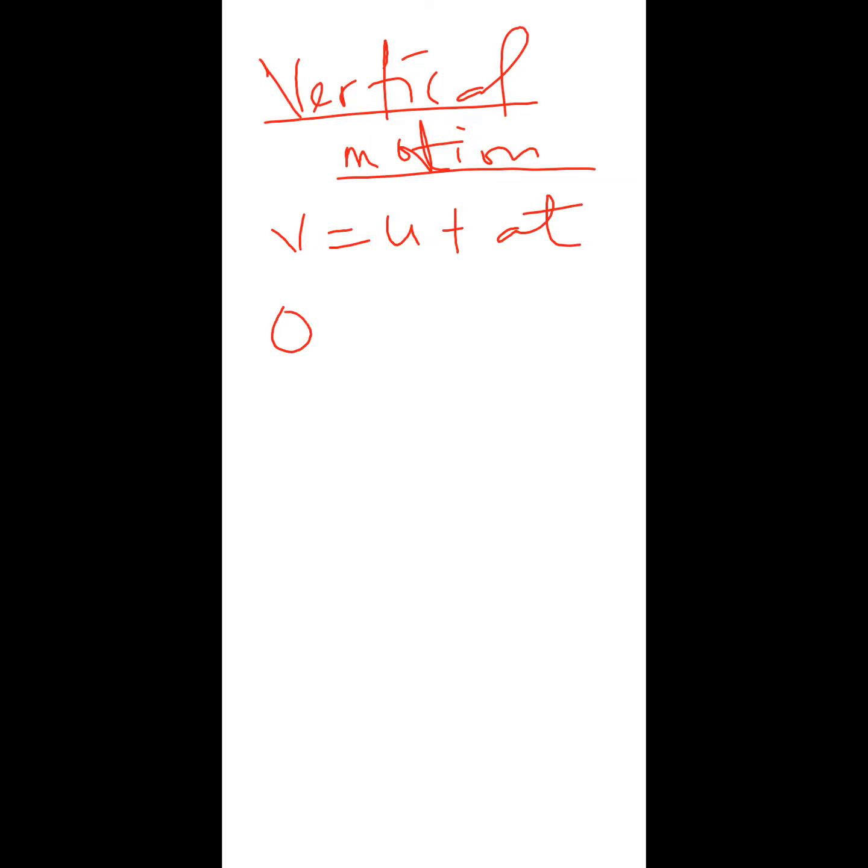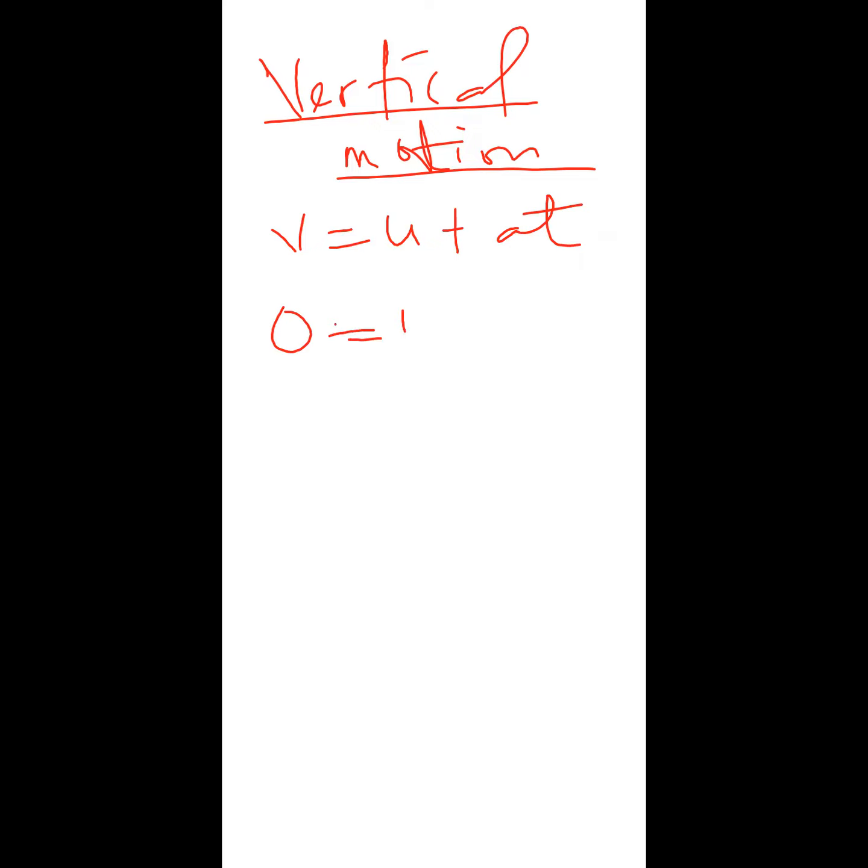And I will explain that to you. When you throw up a stone, when the stone reaches its highest point, that stone will momentarily become stable, like it will stop. And when it stops, that means velocity, because it's not moving, the rate of change of distance with time is zero. So velocity is zero at the highest point. That's why this will be zero.